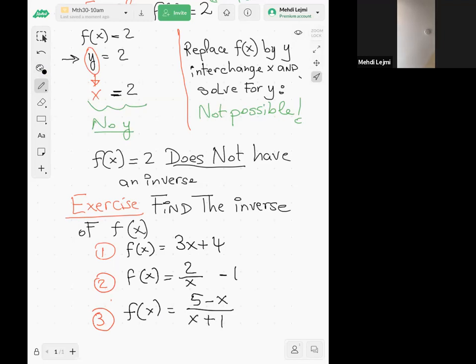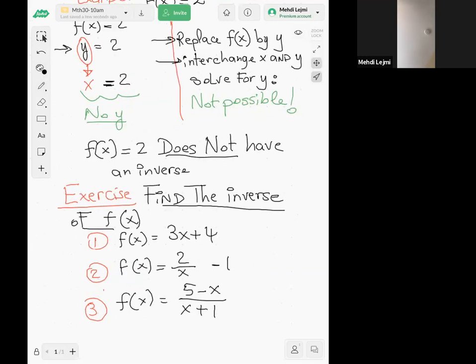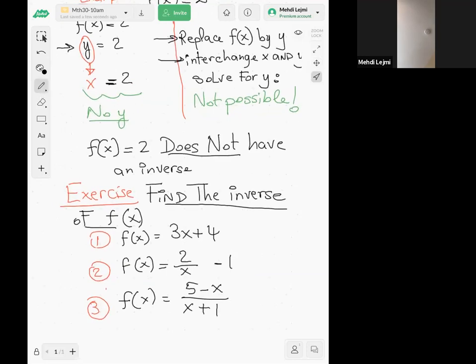Please, guys, find the inverse of these functions. Remember the steps: first, replace f by y, interchange x and y, and then solve for y when it's possible, of course.